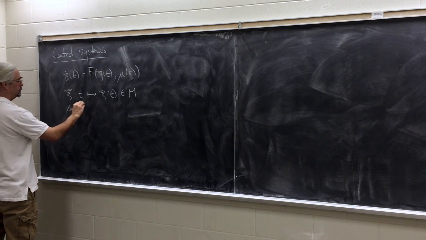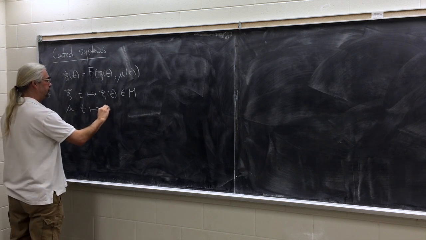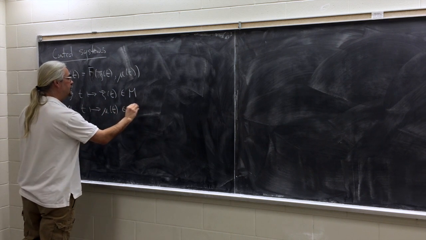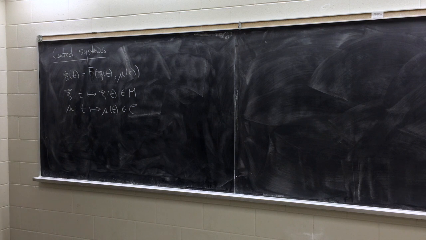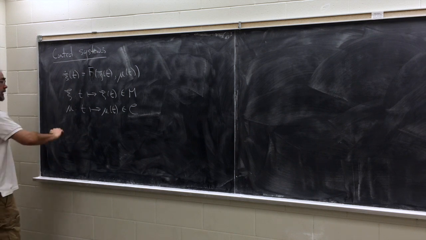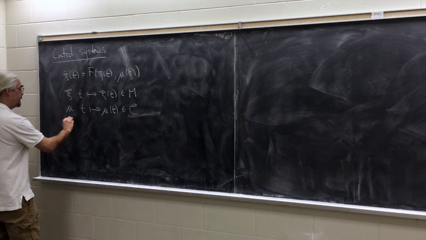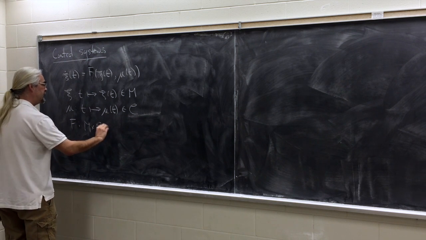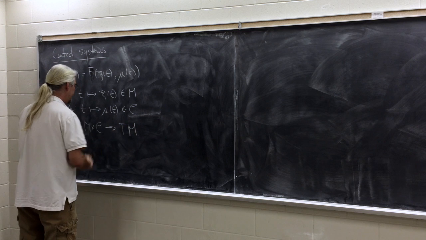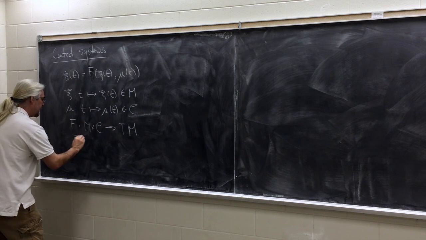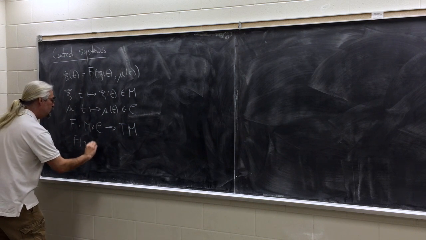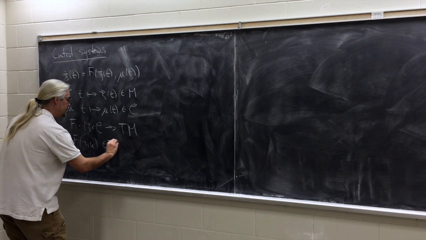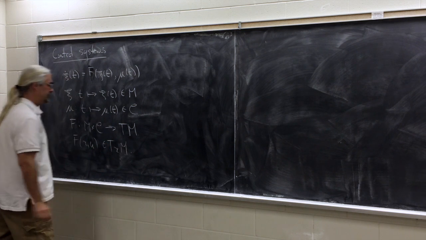Mu is a control. This is going to be in some control space C. So C is going to be a topological space for us here. And F is a map then from M cross C into TM with the property that f of x and u is in the tangent space at x.